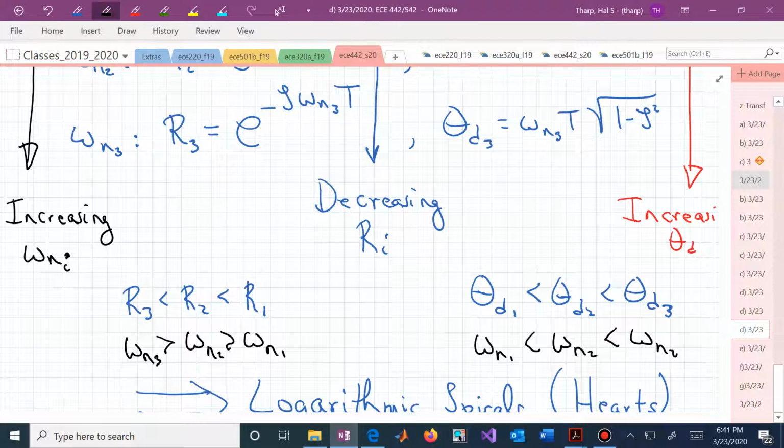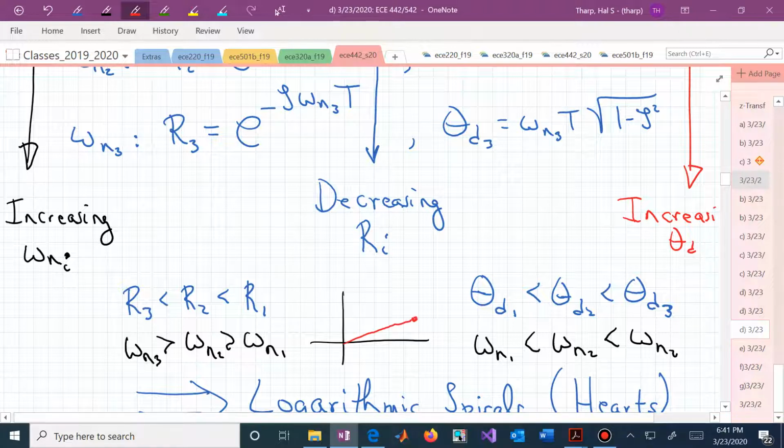Which really is saying that in the z-plane, let's say here is r1 theta 1, then we're shrinking r1 down to r2, and we're increasing theta d1 to theta d2. So now we make r smaller and theta sub d bigger.